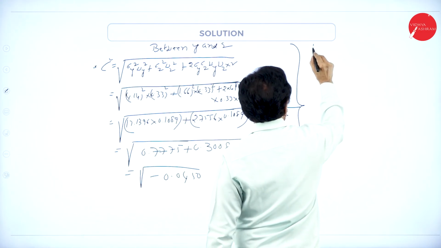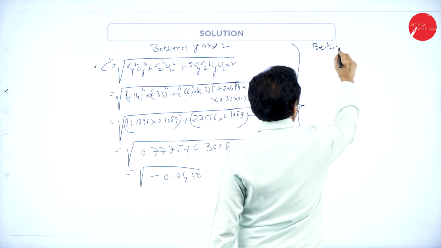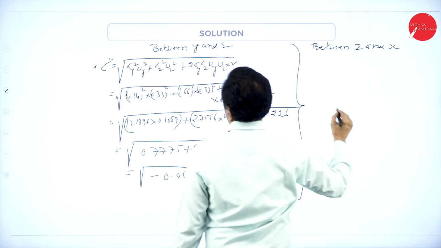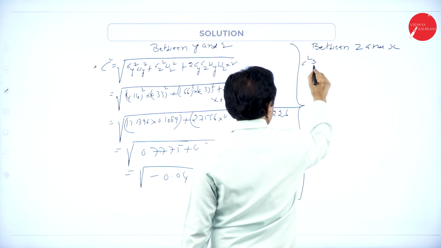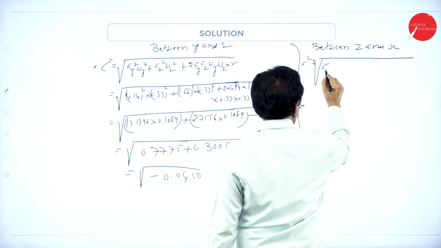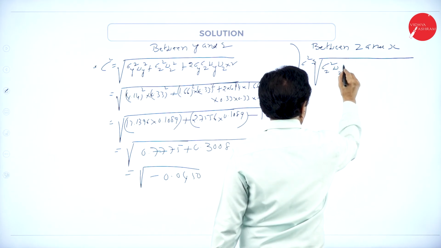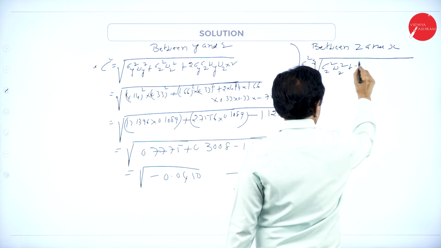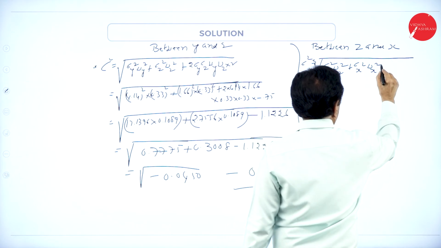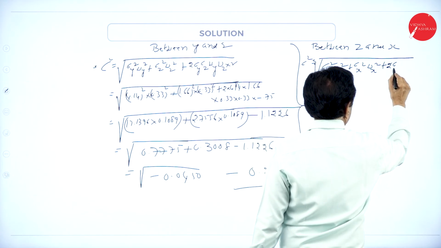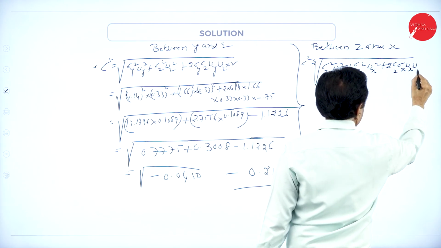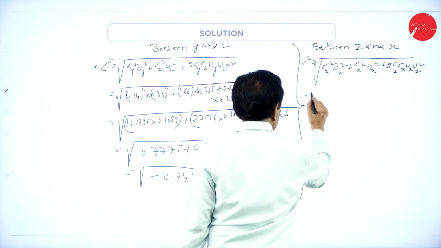Between Z and X. Root of sigma Z square WZ square plus sigma X square WX square plus 2 into R is equal to root of.